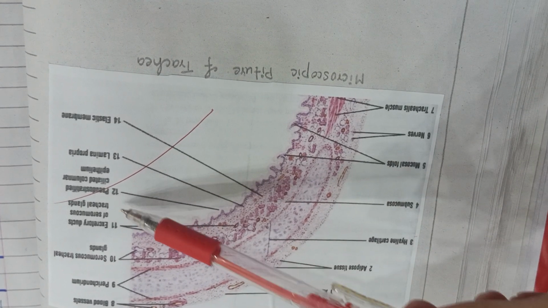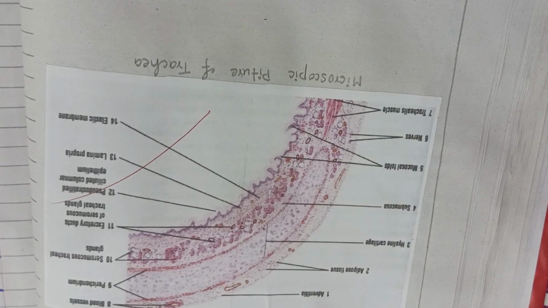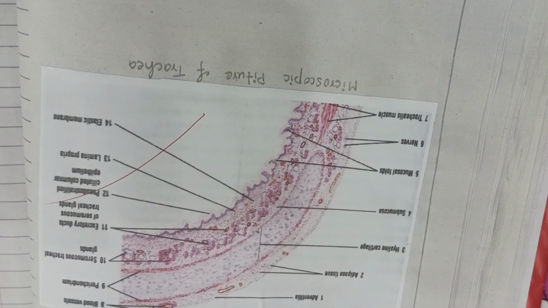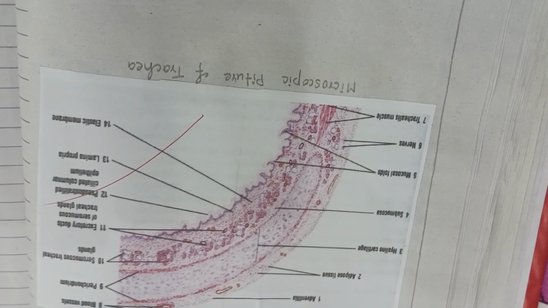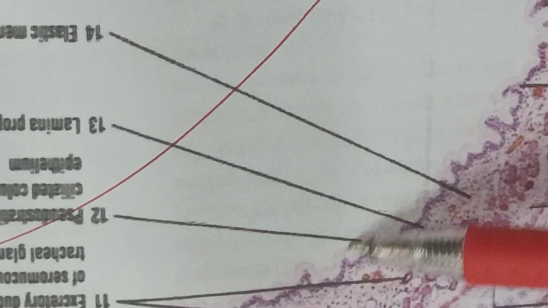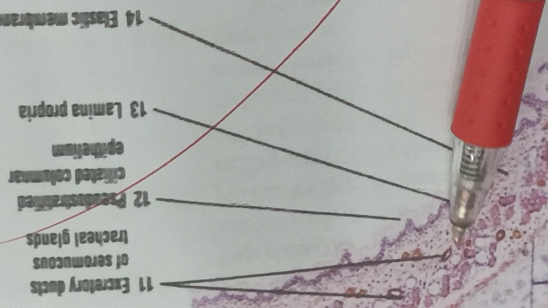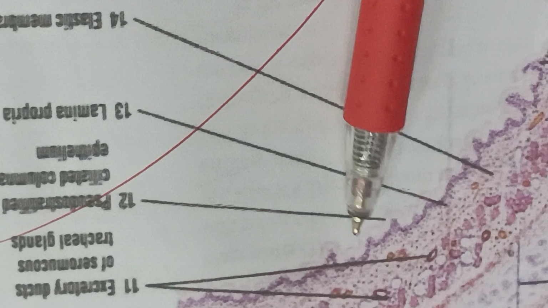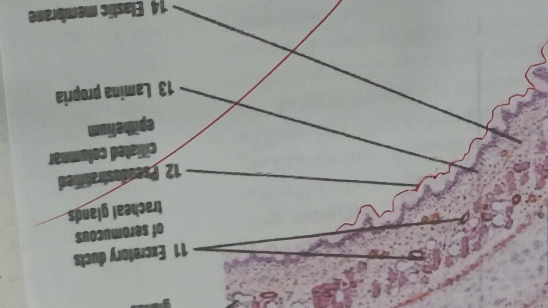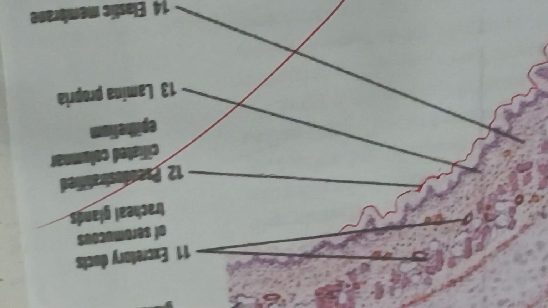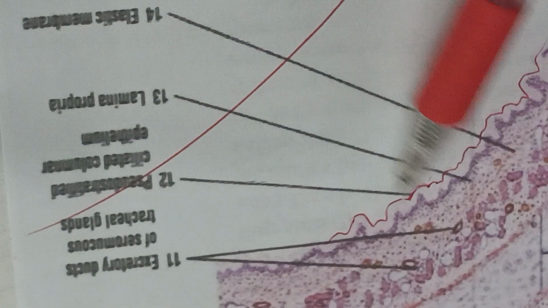Pseudostratified columnar epithelium is also showing to you, and if I zoom on it, then you can clearly see it. At the last of this layer, it is representing that the pseudostratified columnar epithelium is present. I have highlighted this part, and you can clearly see the pseudostratified epithelium layer.